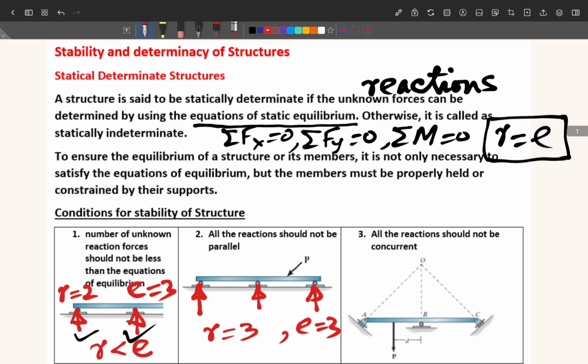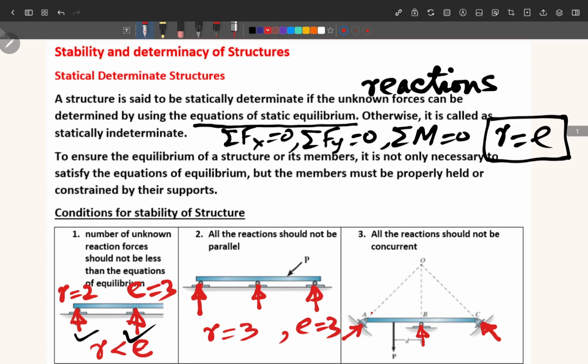Now the third condition for a stable structure is that all the reactions should not be concurrent. If you see this structure, this is an arrangement which may happen in some structures. If all the reactions are passing through one common point, this reaction will be perpendicular to this surface here, because these are roller supports, and here also we have a roller support.